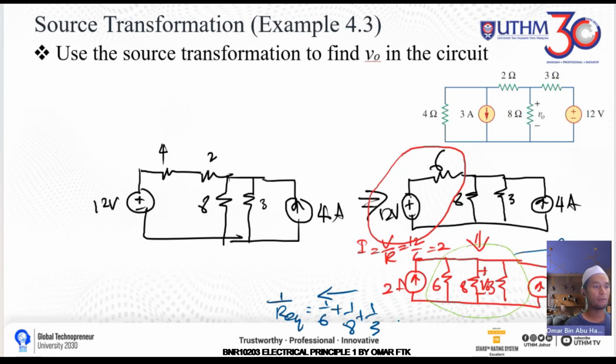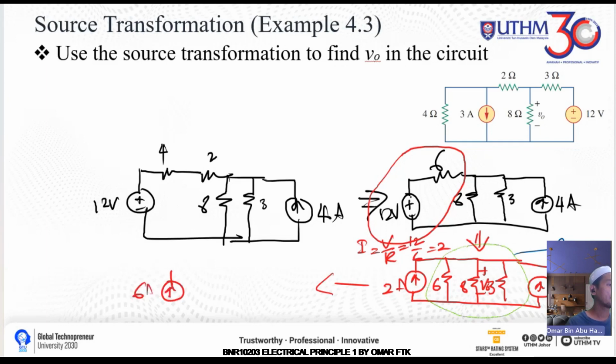I think for the current source also you can combine this. Let's first combine the current sources instead of combining the resistors. So if we redraw again, you will have 2 ampere plus 4 ampere. You will have a 6 ampere current source.